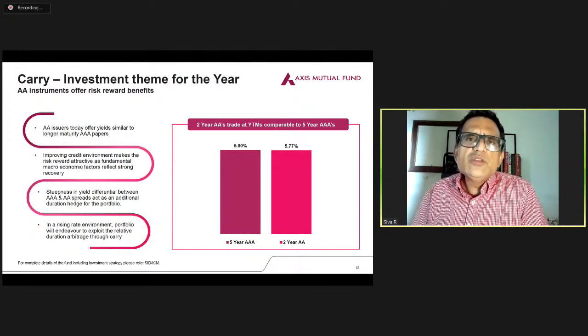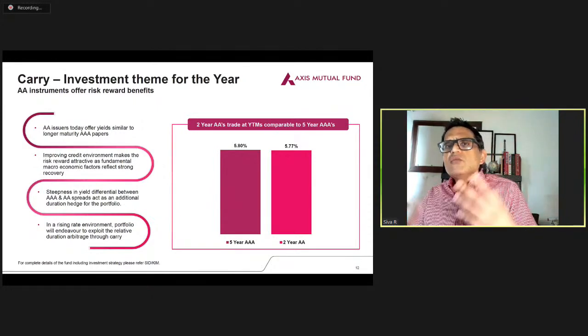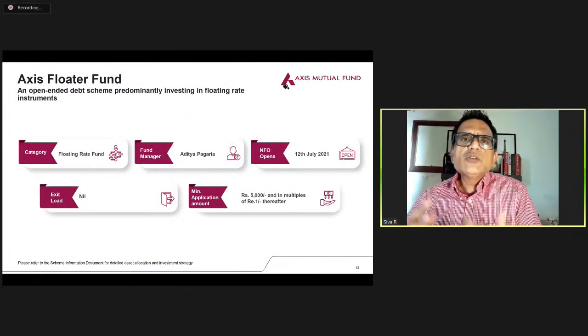Could be higher, of course, so 80 to 100% in AAA, but up to 20% in AA bonds, where we believe that we can get some kind of reasonable spread. So this also takes into account the fact that we wouldn't want to be in very, very low yielding. We want to have low risk through a floating rate strategy, but we don't want to be completely out of yield as well. So that's really it in terms of what this whole strategy is about.